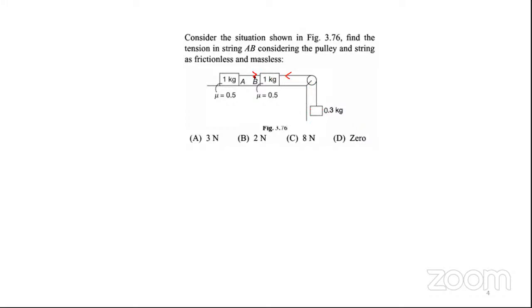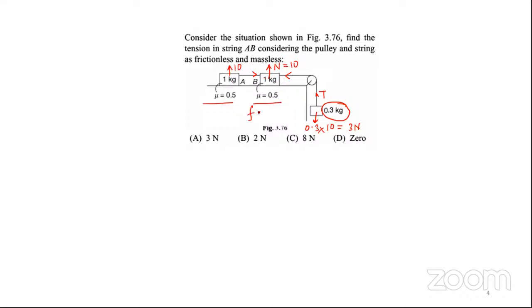The force which is going to create motion in the system is the mg force acting on the 0.3 kg, which is 0.3 multiplied by 10, that is 3 newtons. So if the acceleration is 0, this 3 newton is going to be the same as the tension. And if we see the value of maximum friction in these bodies, the normal force over here is 10 and 10.